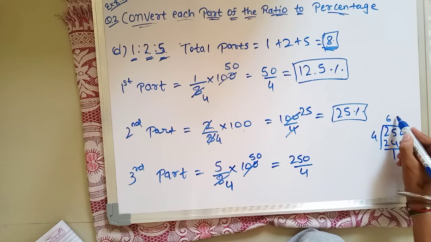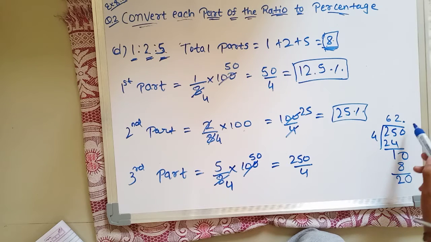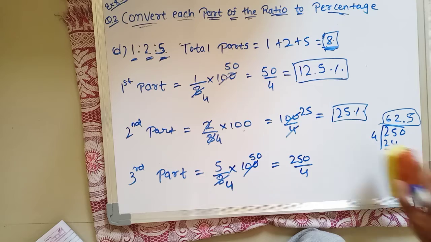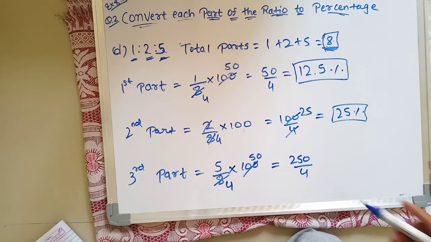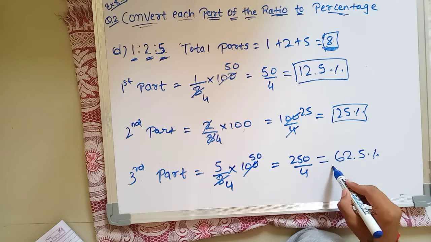Okay, 4 2s are 8, 2. So we put a point here because 2 is less than 4, so we have to put 0 here. 4 5s are 20. So what is the answer? 62.5 percent. Okay, so here we write 62.5 percent.